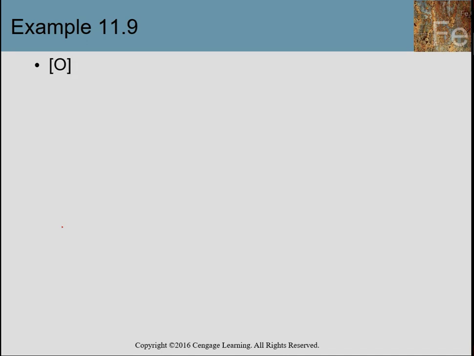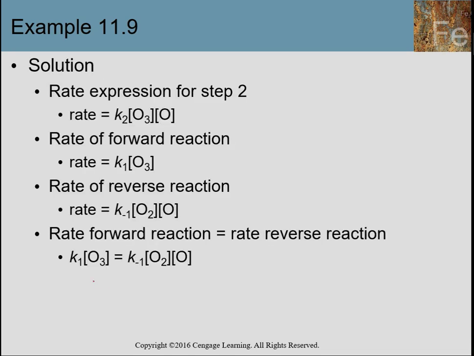Finally, the last thing we have to do is put it all together. If we take that second reaction, I'm going to go back, take this thing here, and solve it for O. We're going to solve this last equation for O, because we don't have any O's in our reaction. We have ozone and we have oxygens, but we don't have any O's.